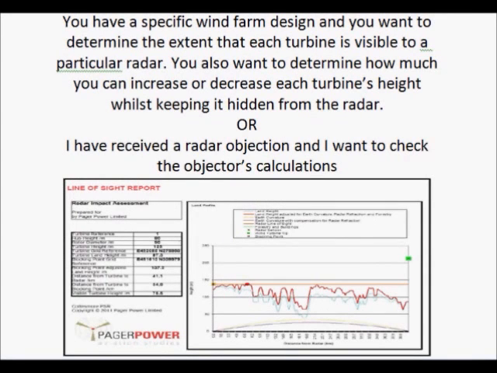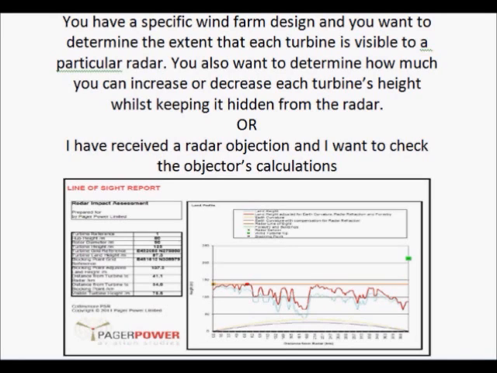You have a specific wind farm design and you want to determine the extent that each turbine is visible to a particular radar. You also want to determine how much you can increase or decrease each turbine's height whilst keeping it hidden from the radar. Or you have received a radar objection and you want to check the objector's calculations.